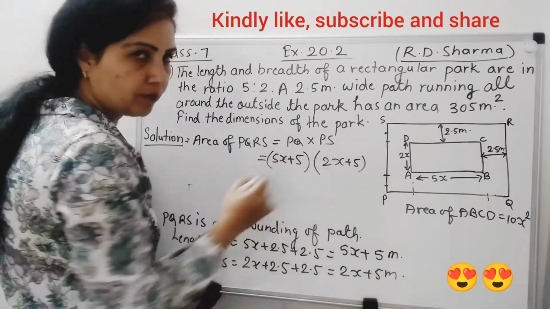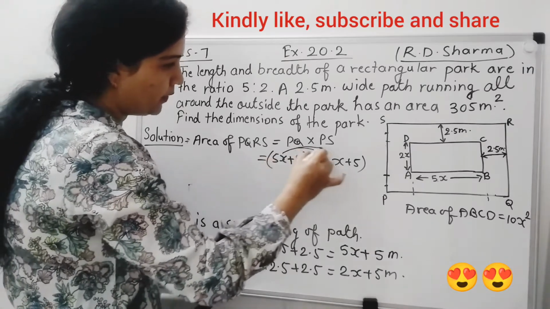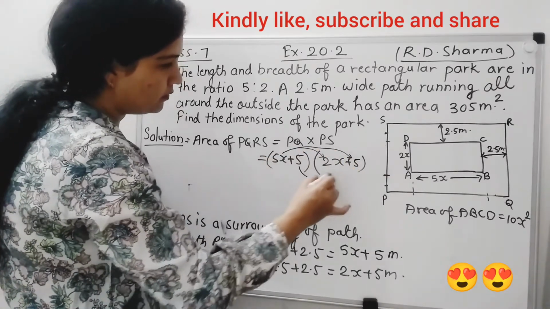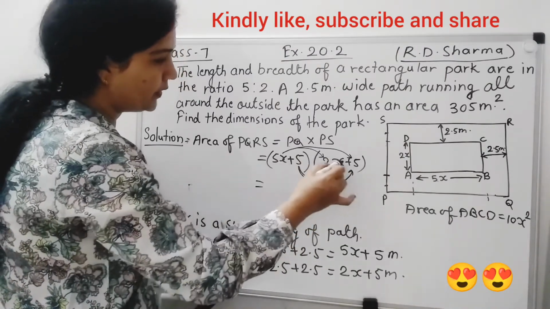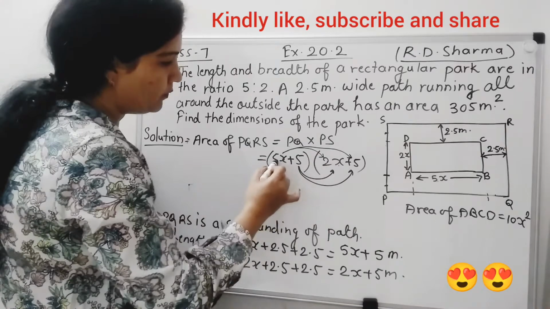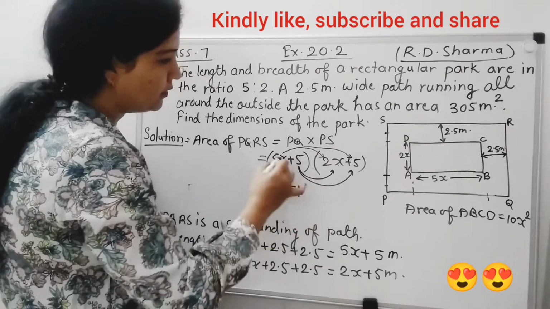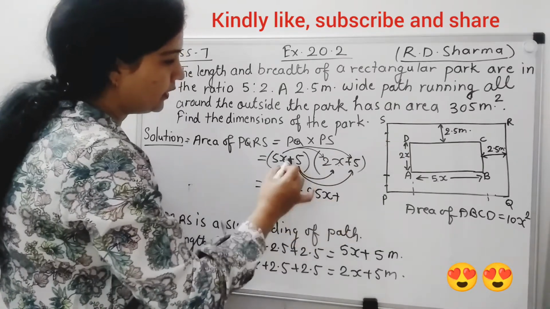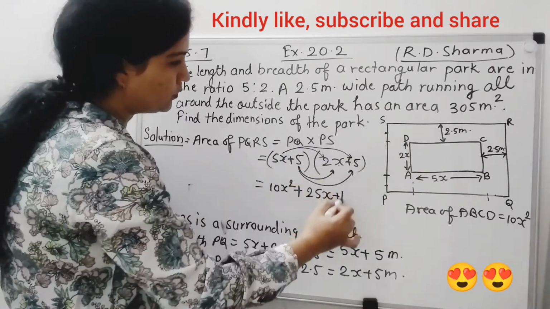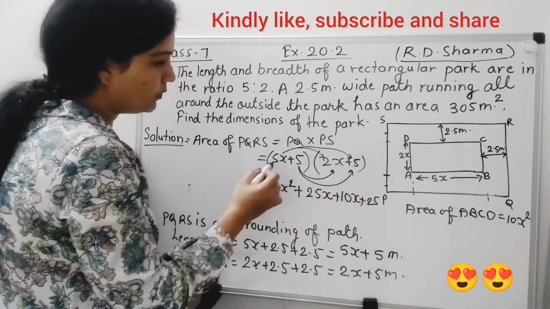When you have to multiply like this, first you take the first term and multiply it by both the next terms. So first we will multiply 5x by 2x and 5. So 5x multiplied by 2x is 10x square, then plus 5x multiplied by 5 will give you 25x, then plus 5 will be multiplied by 2x, it will be 10x, and here it will be 25.